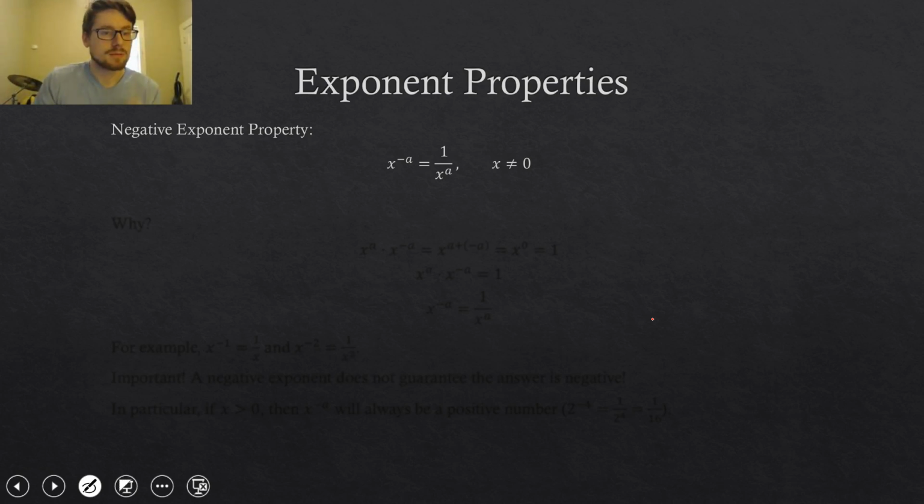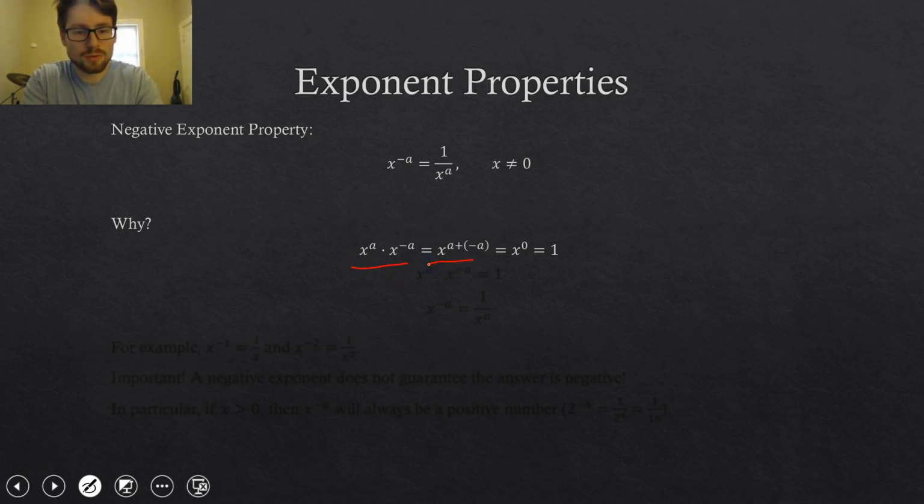Okay, now why is that the case? Well, let's go ahead and use the rules we've already come up with. So I'm going to say, well, we know that x to the a times x to the minus a is equal to x to the a plus negative a. This is from our first rule, the addition rule.